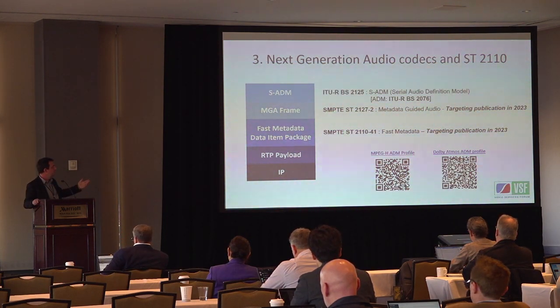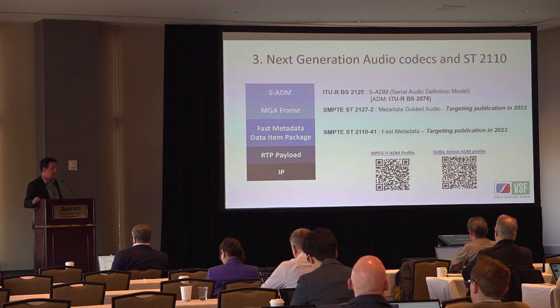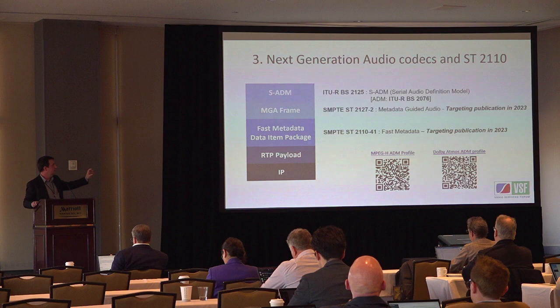Mind that, as far as I know, those standards are still being worked on. In our experience, there are even slight differences between MPEG-H and Dolby Atmos ADM profiles. We have links here if you want more details, provided by both Dolby and Fraunhofer.